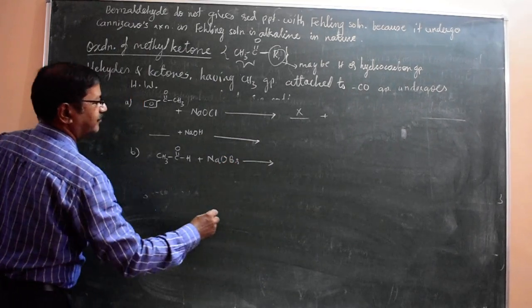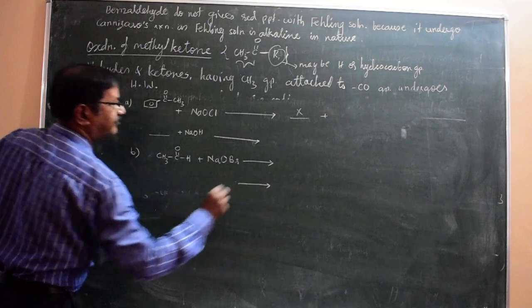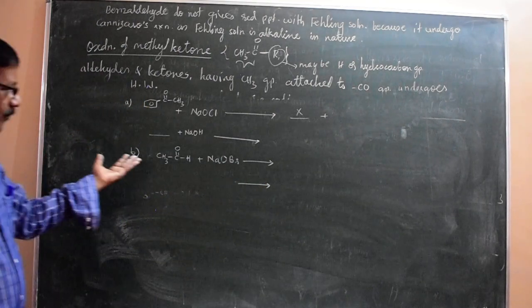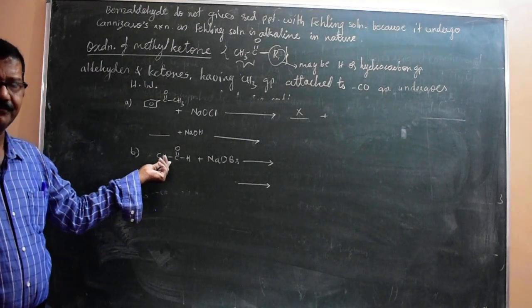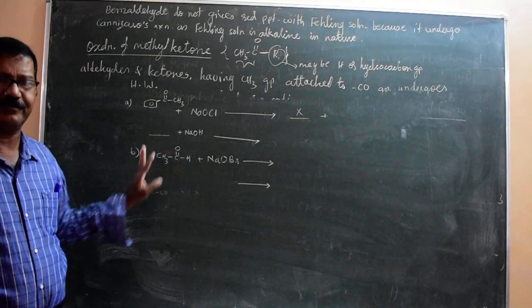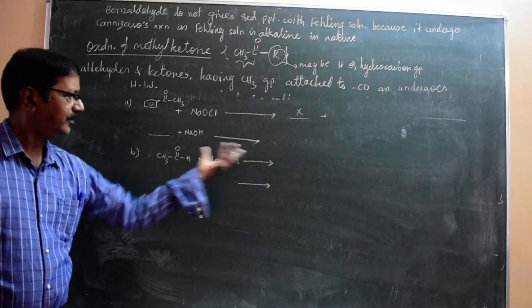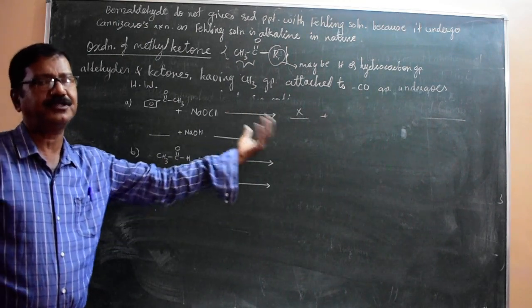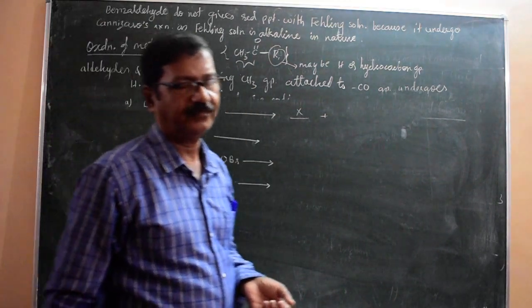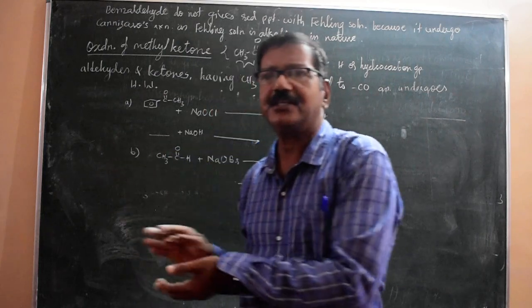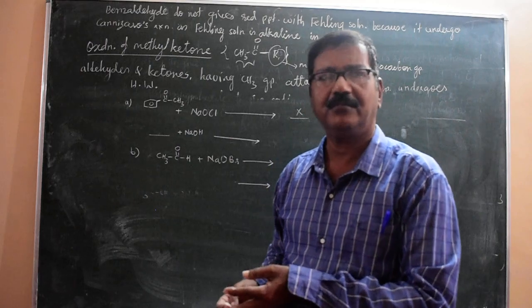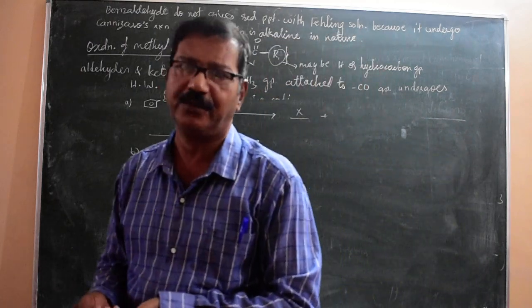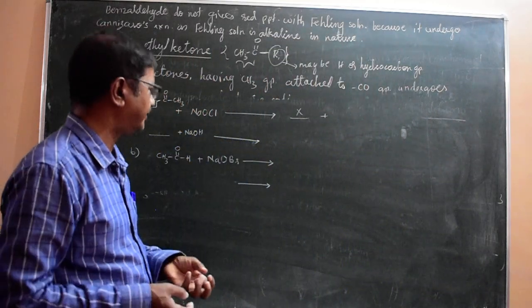Complete the equation. We have two equations again. One is the formation of CI3 or CX3 with the C double bond O, and in the second one that product interacts with the NaOH to give the haloform. All these reactions are important from the point of view of board exams and also competitive examinations. So be perfect in all this.